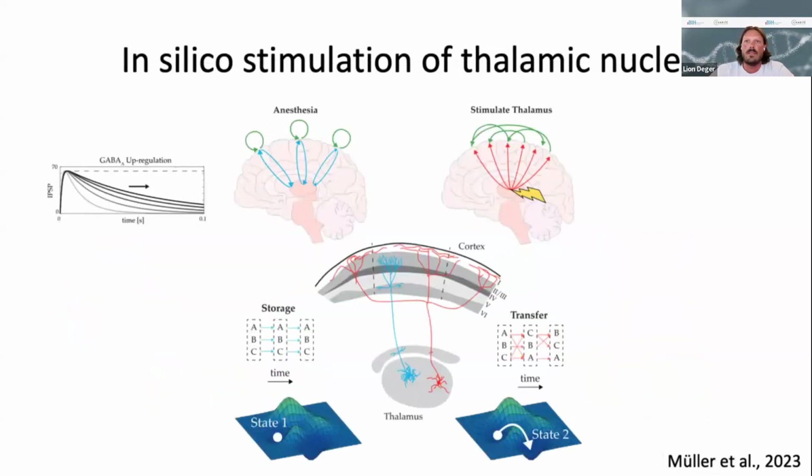And then there's this other paper by Miller et al., where they implemented propofol uniformly, but then implemented a virtual stimulus to the non-specific thalamic nuclei and could recreate some of the cortical dynamics and information theoretical properties of the wakeful state.